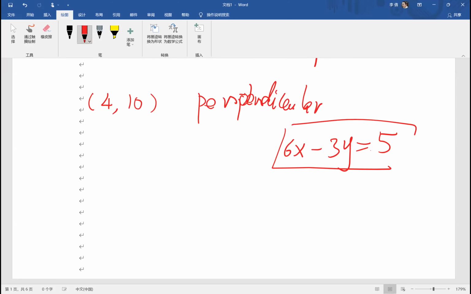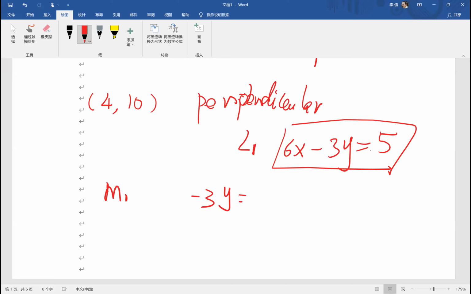From this equation we can get the slope. If we say this slope is m sub 1, then m sub 1 will be equal to what?